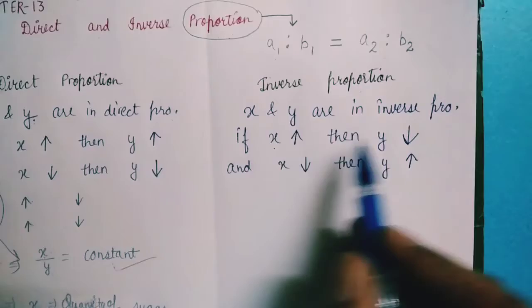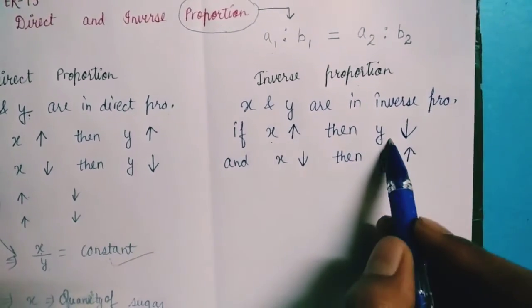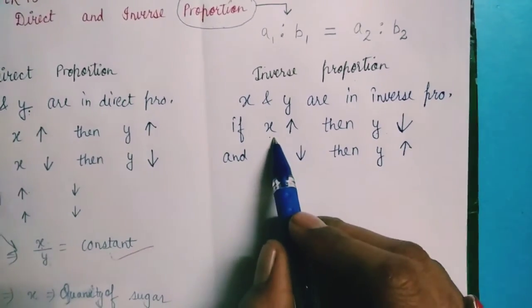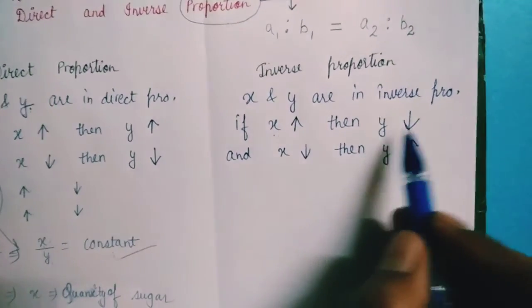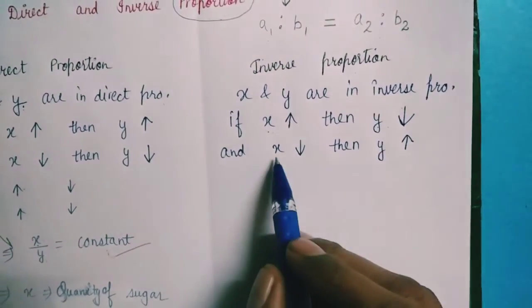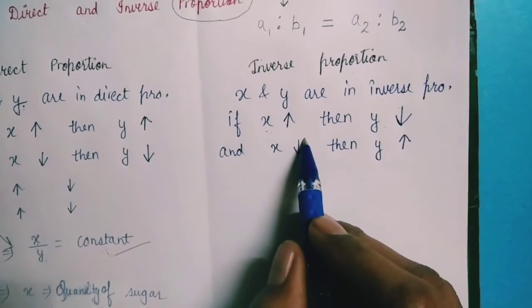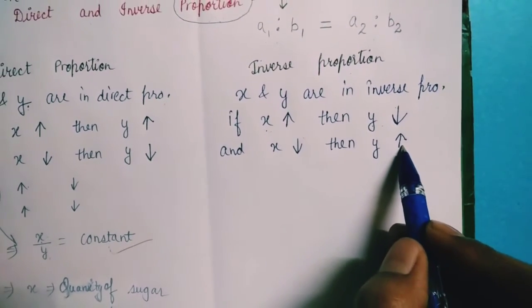In the case of x and y, both are going in opposite directions. If x increases, then y will decrease. If x decreases, then y will increase.